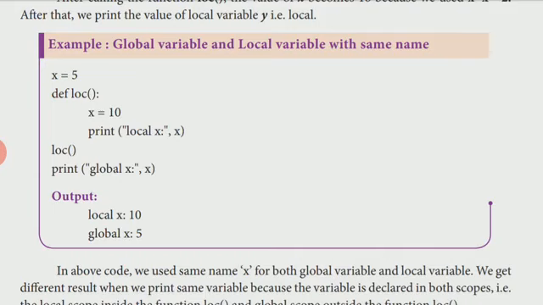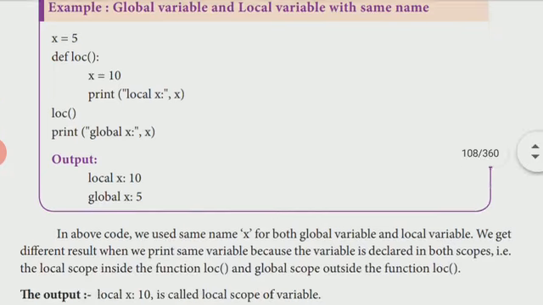See here, x equal to 5 is the global variable. Then x equal to 10 is a local variable. Here we did not use any global keyword, so printing local will print the local value. Then print global will print the global value 5.